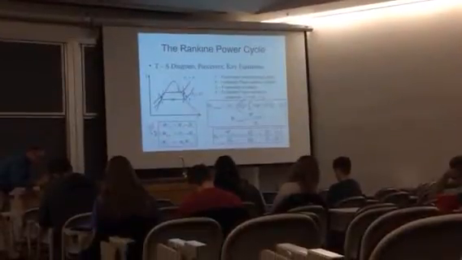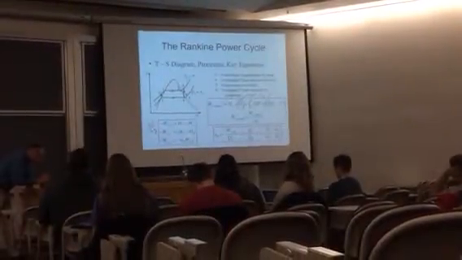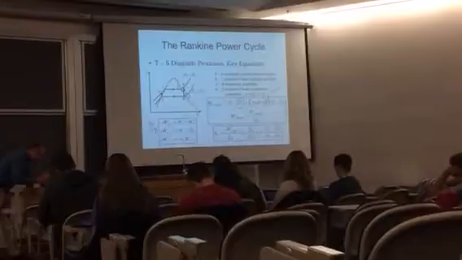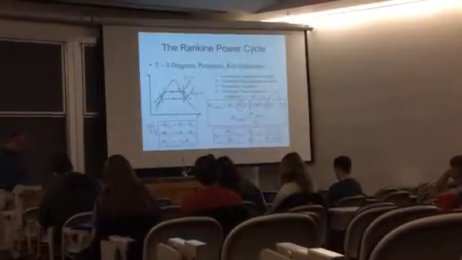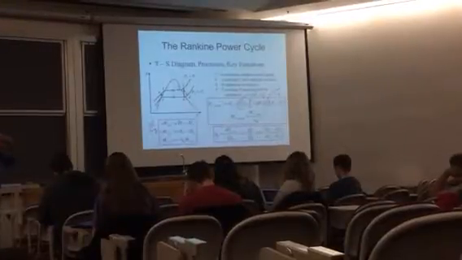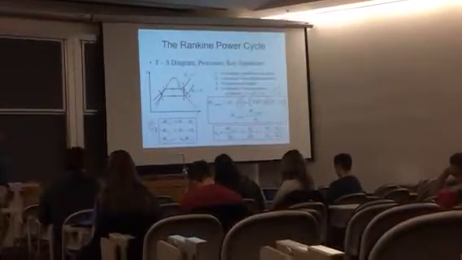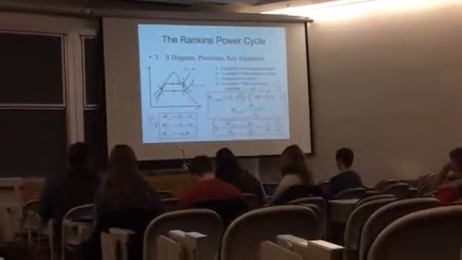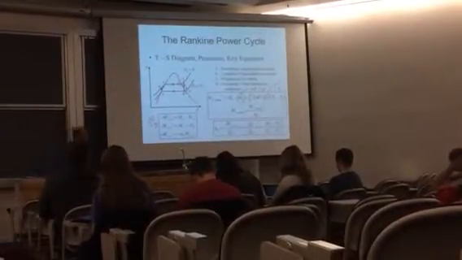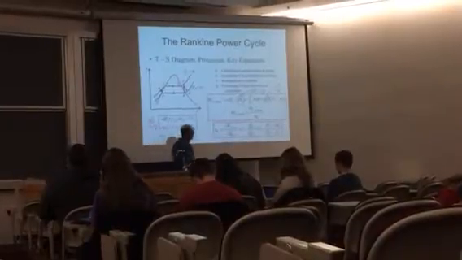And to get the properties of V here, we just use the saturated liquid state, so that's at 5. And if we want the actual pump work, we have to use the compressor or pump efficiency.